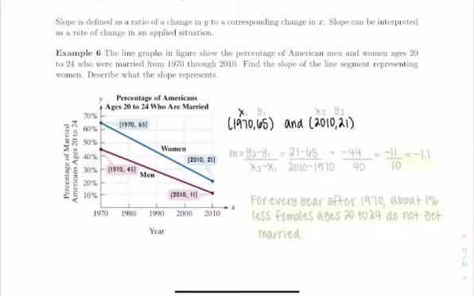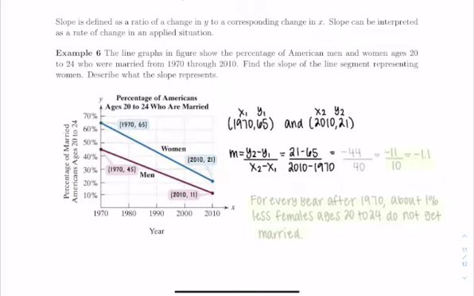We have x1, y1, and we have x2, y2. So let's go ahead and plug this into our formula for slope. So we have 21 minus 65 all over 2010 minus 1970.